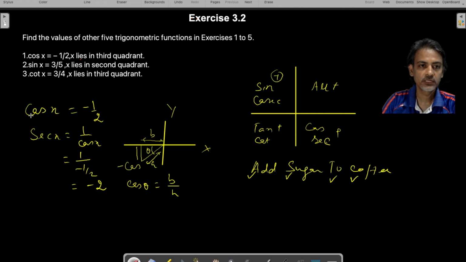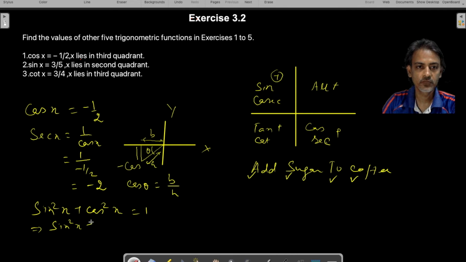Now when you know cos theta, you can also find sin theta, because you know this trigonometric identity: sin square theta plus cos square theta equals 1. We have cos square x, which is 1 by 2 whole square, which is 1 by 4, and so it implies that sin square x is nothing but 1 minus 1 by 4, which is 3 by 4.